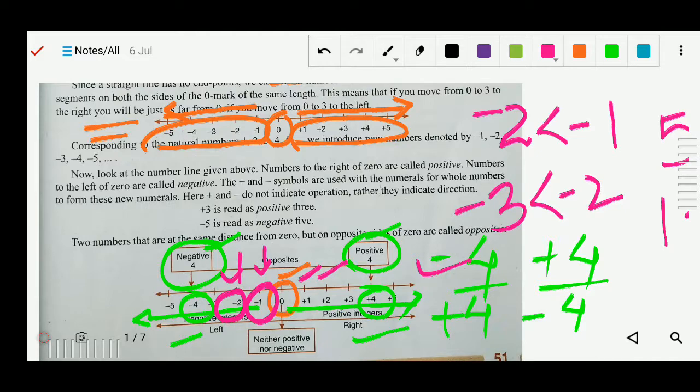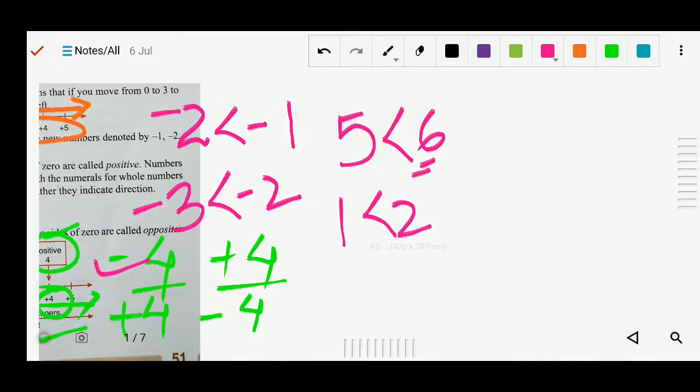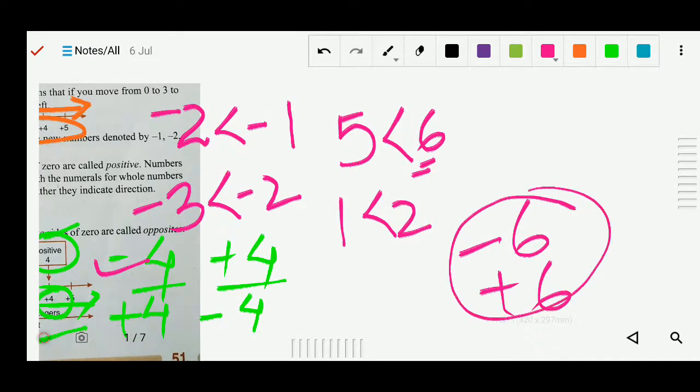Understood? And one more thing you should always keep in your mind: -6 or +6 does not mean that we have to add or subtract. This minus sign just indicates that the number is a negative number.